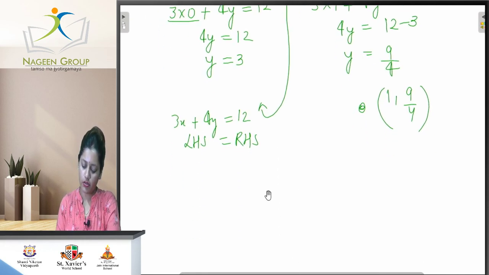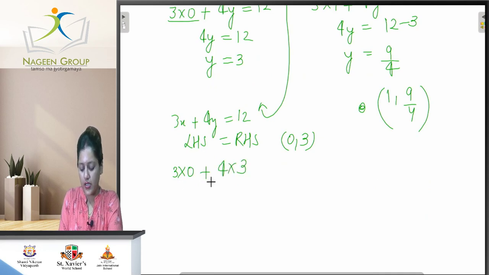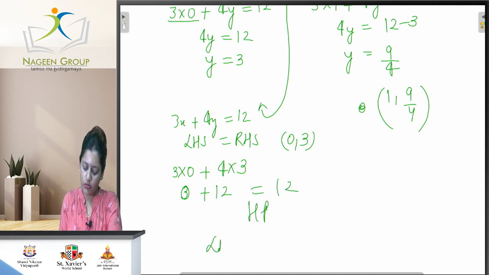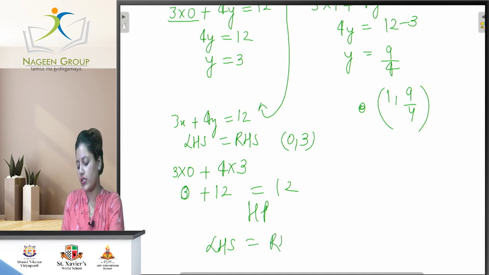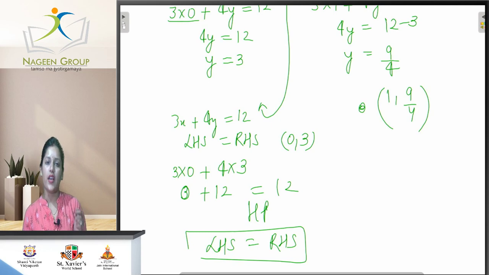Put the solution (0, 3) in the equation: in place of x put 0 and in place of y put 3. That is 3 times 0 plus 4 times 3 is 12. So 12 equals 12. Hence it is proved that LHS equals RHS, so our solution of the linear equation is correct.